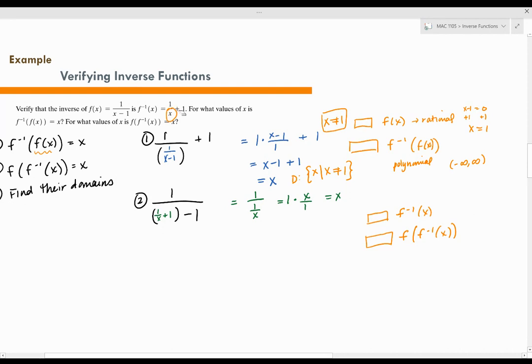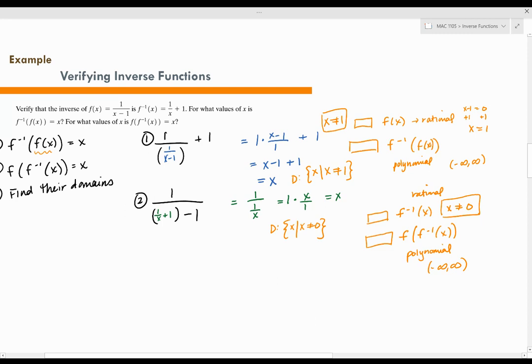The only value that's going to make that 0 is 0, so x cannot equal 0. And then we look at our final function, which is x again, and x falls into the polynomial family. For polynomials, their domains are all real numbers, negative infinity to positive infinity. So the only value we have to exclude is 0. So for the second one, our domain is all x such that x does not equal 0.